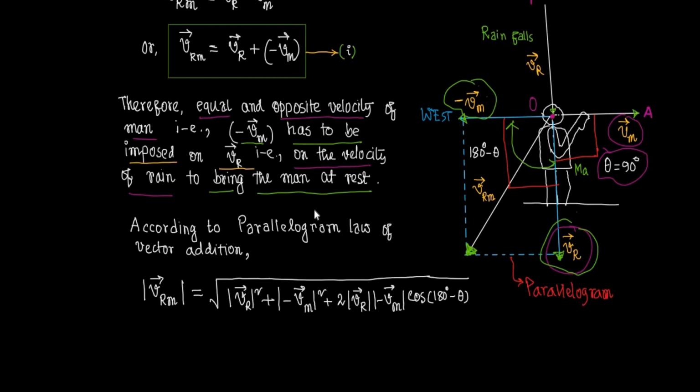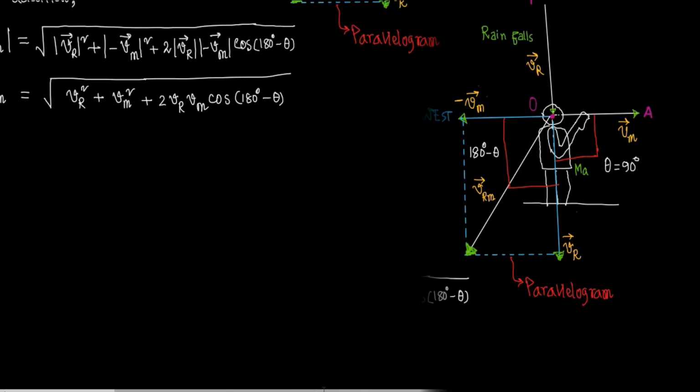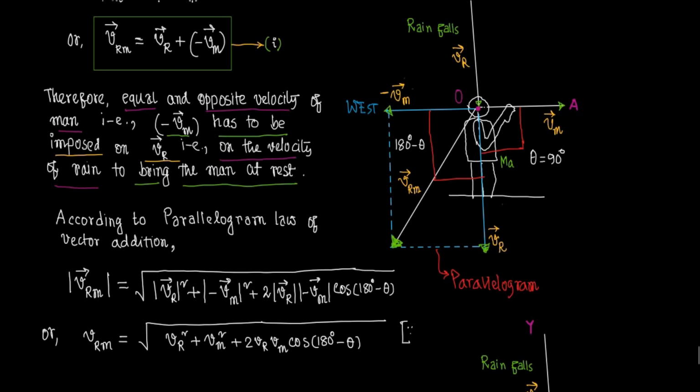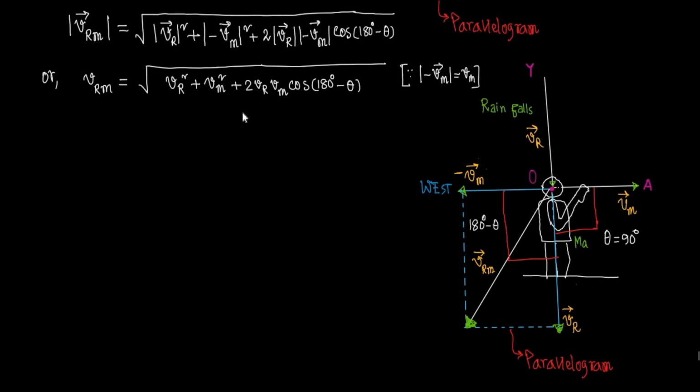This angle is used in the expression, or Vrm equals root over Vr squared plus Vm squared plus 2 Vr Vm cos of 180 degrees minus theta, where mod minus vector Vm is equal to Vm only.